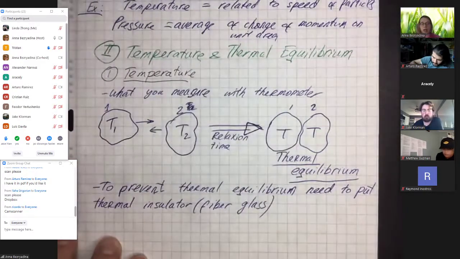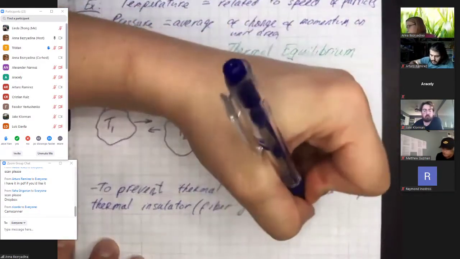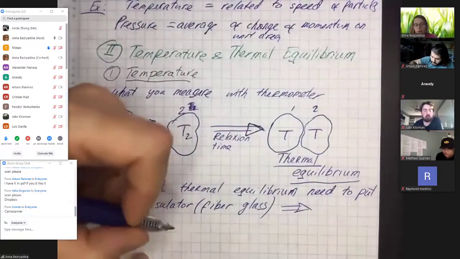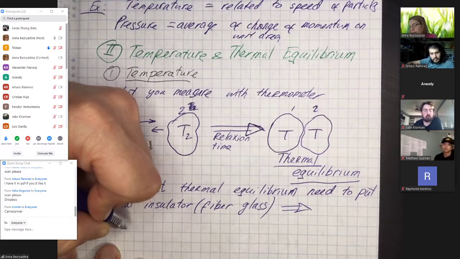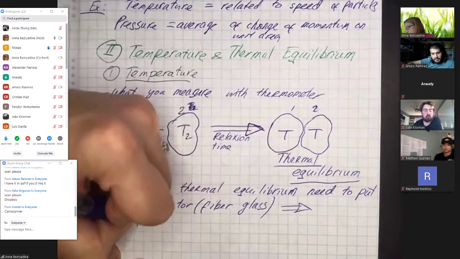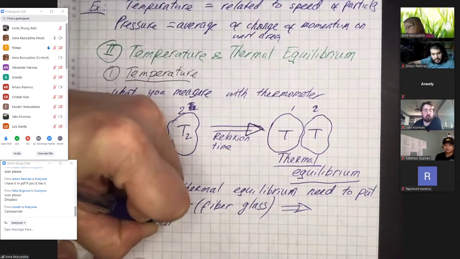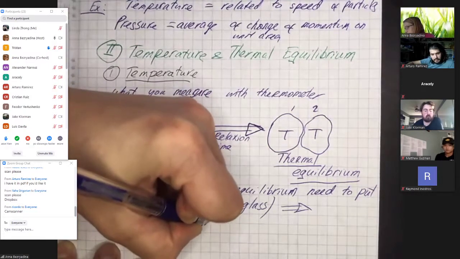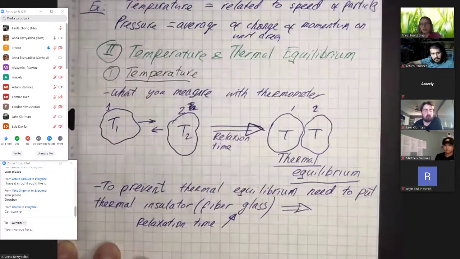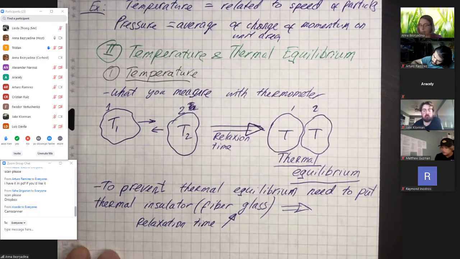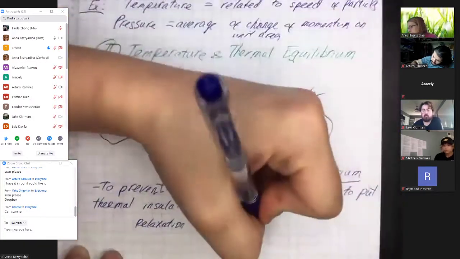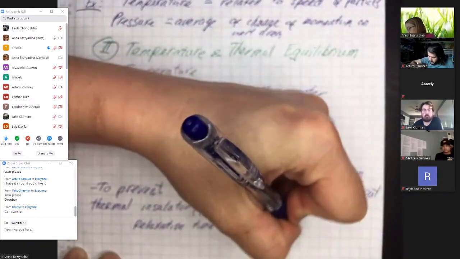And as a result, what will happen? We'll still slowly come to equilibrium. So relaxation time increases. Sorry, I'll use these arrows. Up arrow implies increase, okay? I'll start to use some of the notation for you. So relaxation time increases to reach equilibrium.